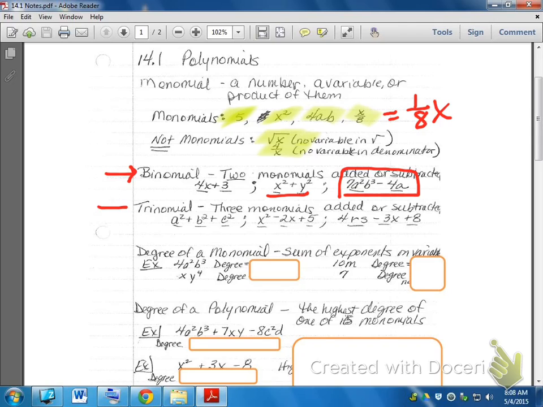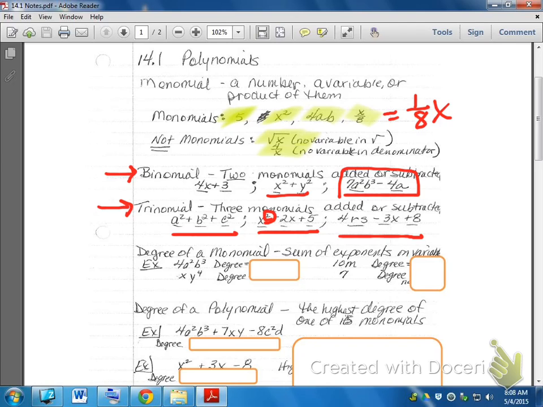Then there is a trinomial. Tri means three, just like a tricycle or a triangle. So 3 monomials added or subtracted. So if you have a squared plus b squared plus c squared. More typically, you might have something like the second one, x squared minus 2x plus 5. That's called a quadratic expression because it has a square in it. Or something weird looking like this one, 4rs minus 3x plus 8.